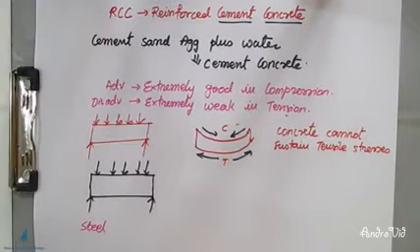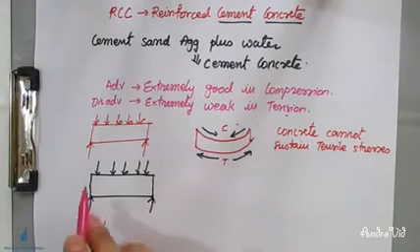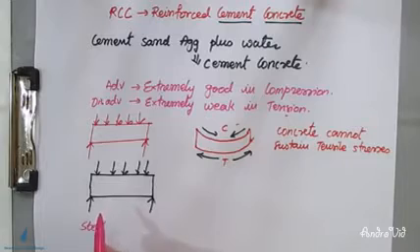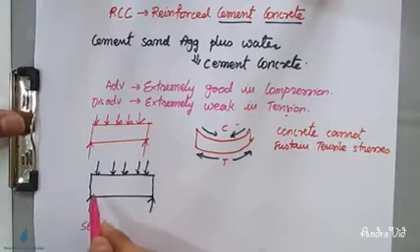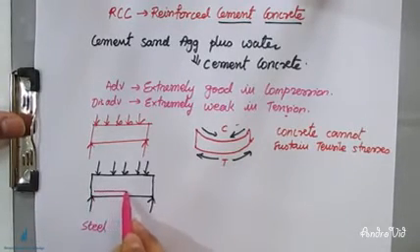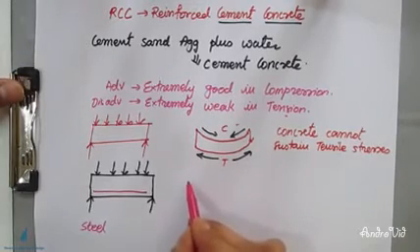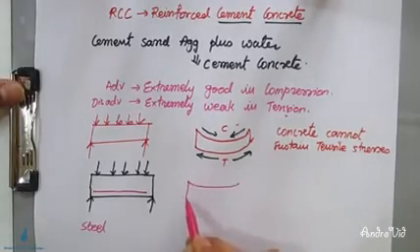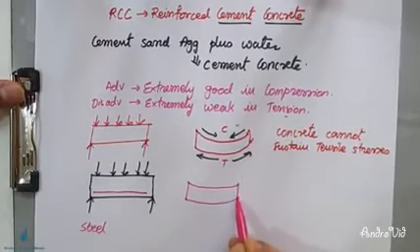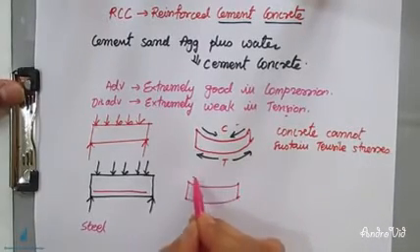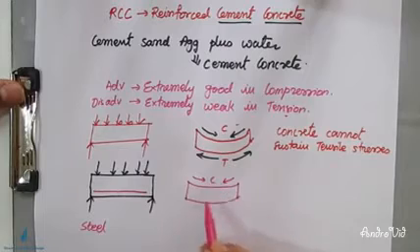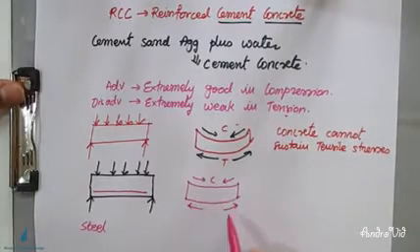So what I will do now, in this simple plain cement concrete beam, I will put a steel rod in the tension zone like this. Now the beam will again undergo bending, the same way. This is in compression and this is in tension.